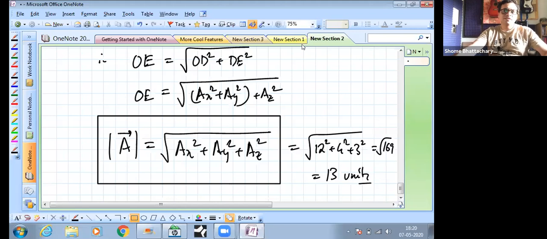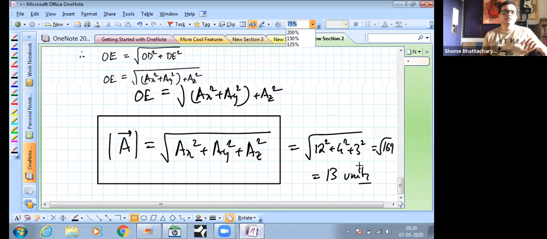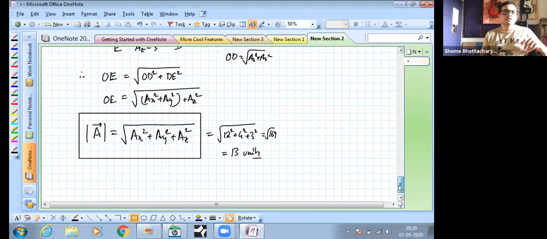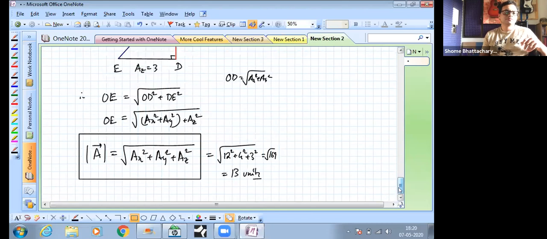I don't think you would have studied it in 9th, because 3D geometry was not done in that much detail, but there is a theorem in geometry which says that the body diagonal is square root of length square plus width square plus height square. So I have done a sort of proof of that over here just by using Pythagoras theorem twice. Okay, so we hope this is clear, and with this we come to the end of today's lecture, which is about components in 3D.